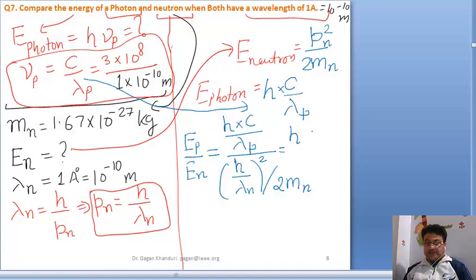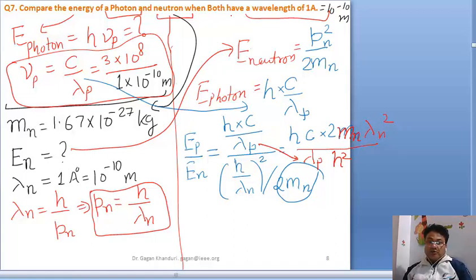So I am writing it as h into c, and this 2mn will come to the numerator, so 2 into mn, by lambda p and h square, and lambda n square goes up here.